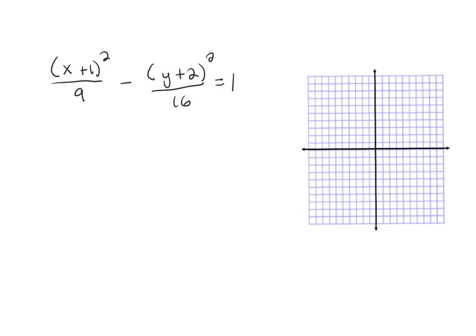All right, here is another example. This time, that leading term that's positive is x, so there'll be a horizontal hyperbola. And this time it's not centered at (0, 0), so it's centered at (-1, -2). Okay, the first term tells you how to get your vertices.